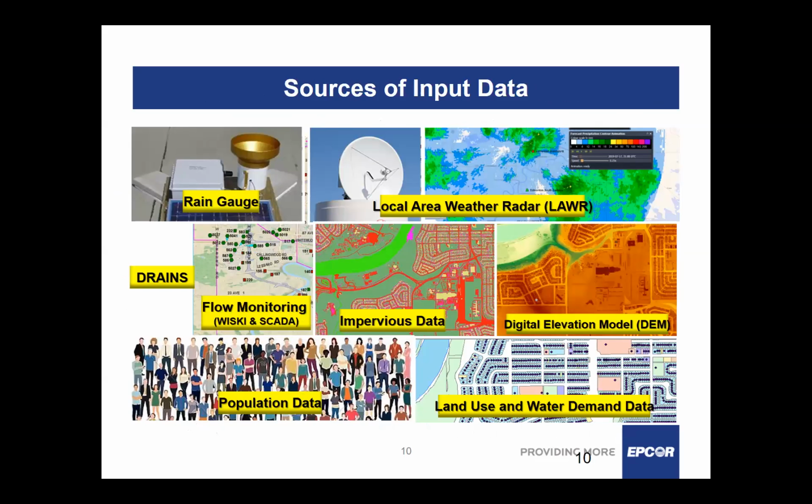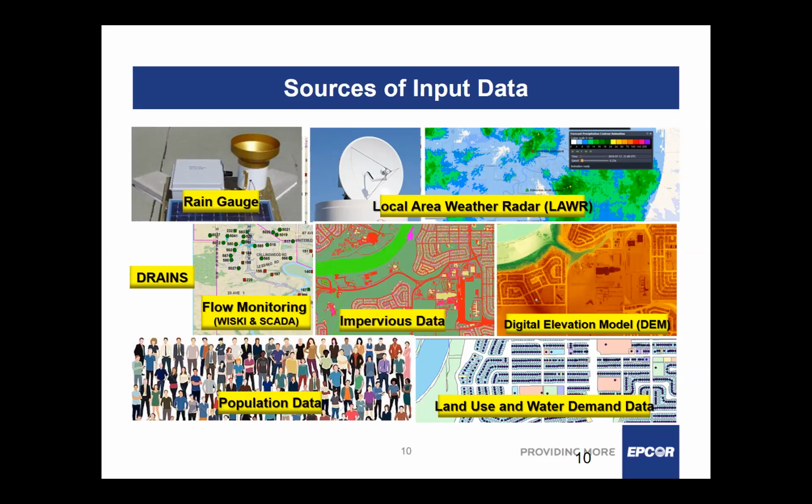So some of the inputs or information that we have in the city, like I mentioned, are rain gauges. I think in 2014 we also acquired a local weather radar just for the city. It's located somewhere in the northeast part of the city, and it records the rainfall intensity and extent.